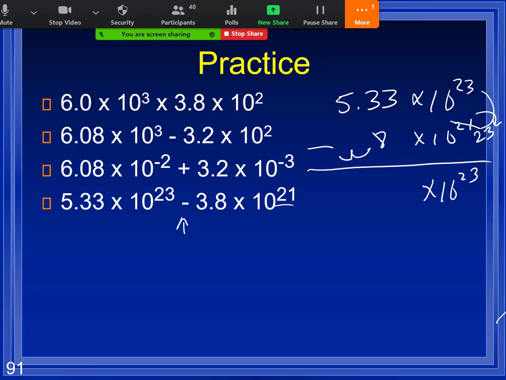So I'm going to do that. Okay, do that subtraction. Nope, I subtracted badly. So I get 5.292.